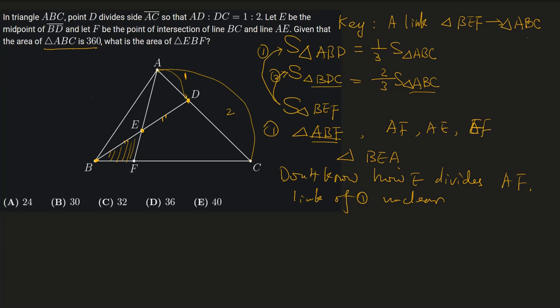Then let's look at link 2 between these two triangles. In order to do that, maybe we connect this line segment, right?